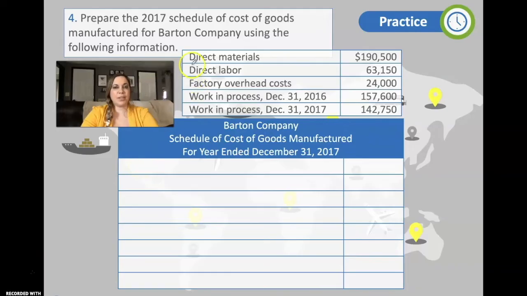Our 3 product costs, direct materials, direct labor, and overhead. We're going to add all 3 of these together. Direct material, direct labor, and factory overhead. I'm going to keep the amounts the same. We have 190,500 for direct materials. Direct labor is 63,150.